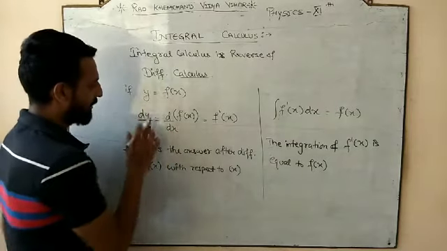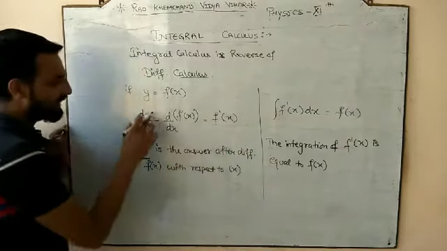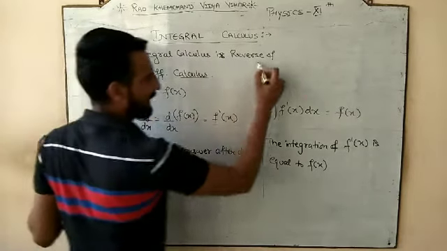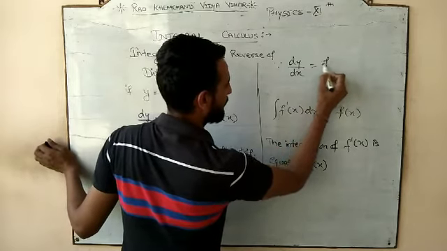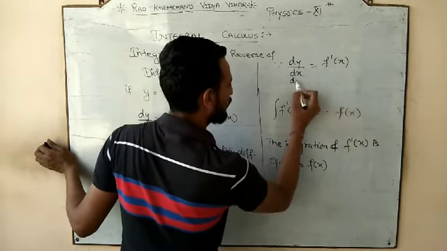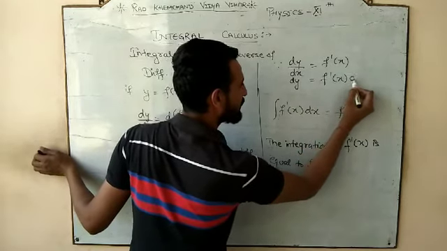Means if we have dy by dx as f dash x, this was the result that you got. dy by dx gives us the result f dash x. So if we take this dx on this side, it will give us a new equation.